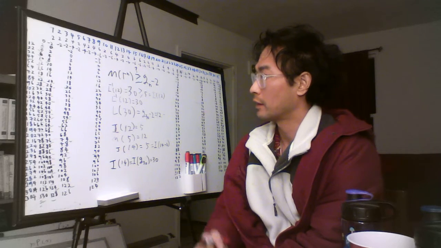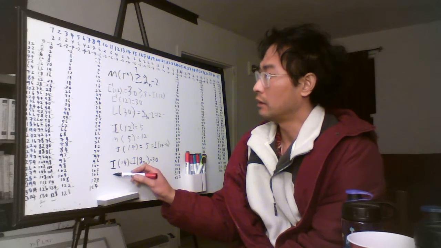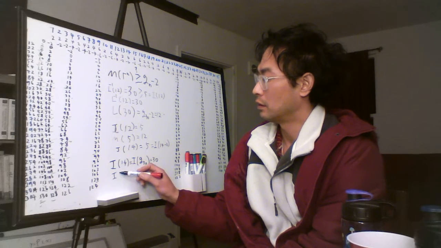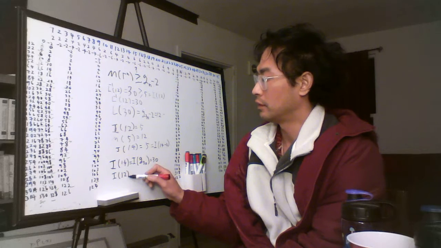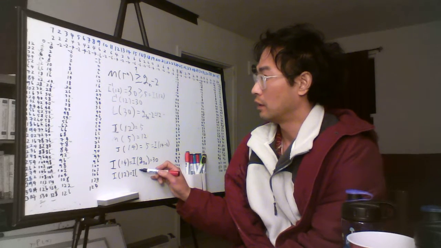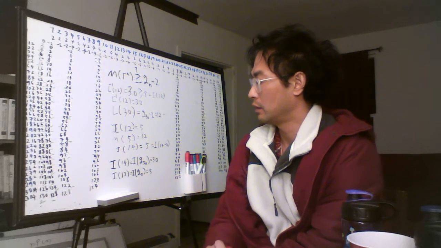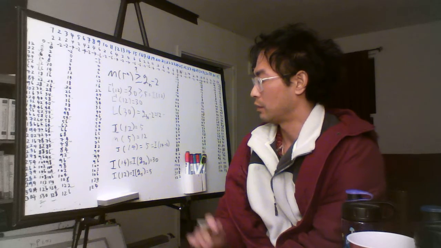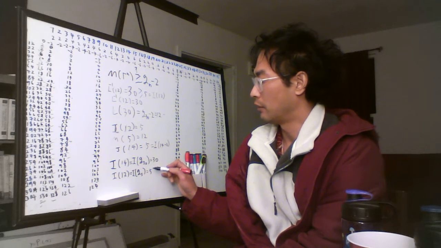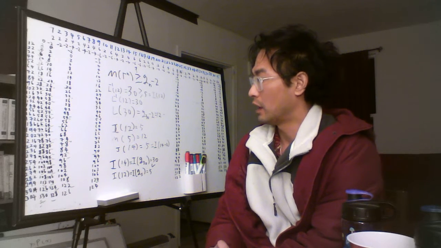Now index of 12, prime gap 12, which is the index of the fifth prime gap, is 5. So 5 is a lot less than 30. That's what we need to prove.